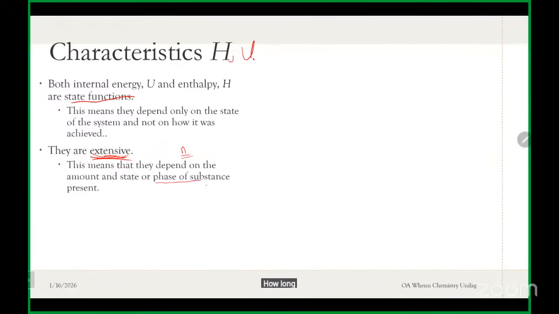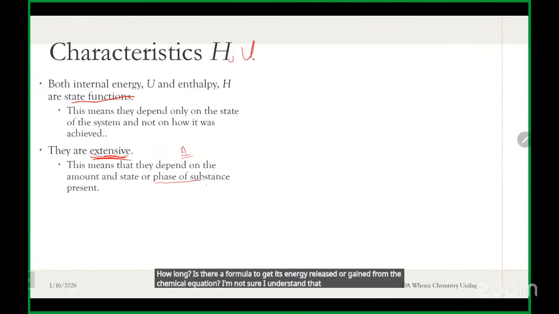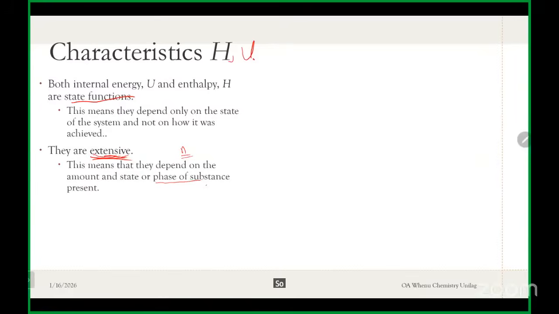Is there a formula to get heat energy released or gained from the chemical equation? I'm not sure I understand that question. Each reaction releases a certain amount of energy. One of the things about data science that is in vogue right now is that there is so much data that has been generated.